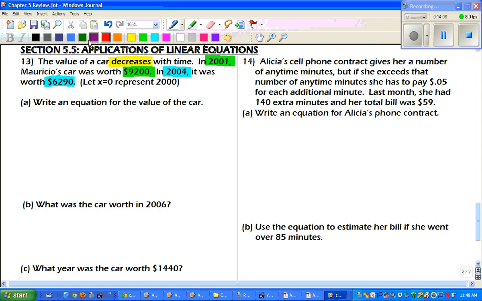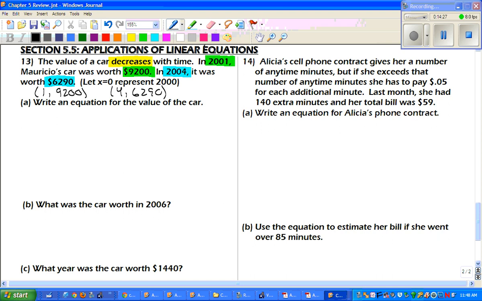Our first point is (1, 920), and our other point is (4, 629). Okay, so they want to know the equation of the line.